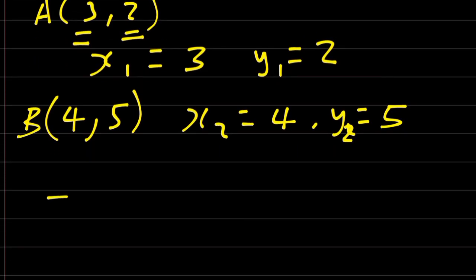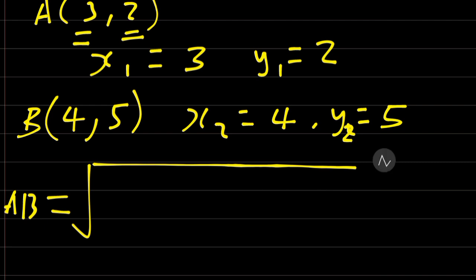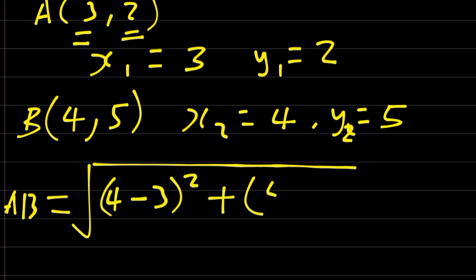So AB is equal to the square root of x2 which is 4 minus x1 which is 3, then squared, then plus y2 which is 5 minus y1 which is 2, squared.